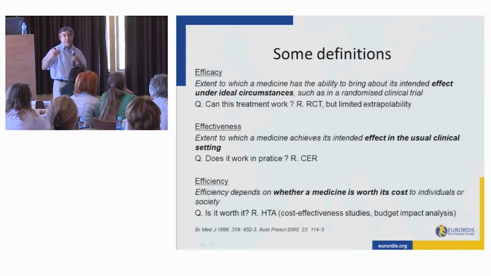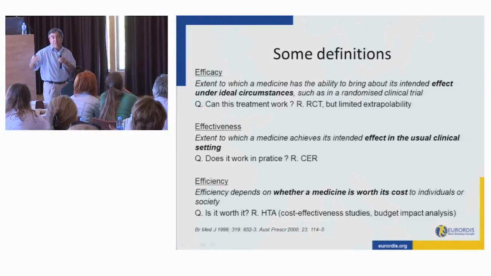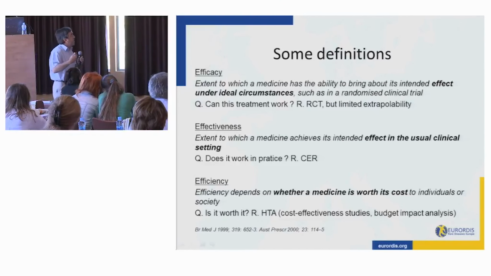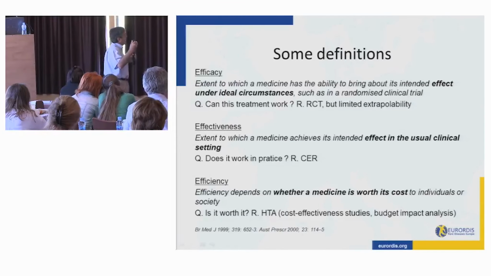And it's not related only to safety, because we sometimes have bad surprises, hence the importance of pharmacovigilance. It's also related to efficacy. So the difference is between efficacy, in clinical trials, and effectiveness, in real conditions of use.